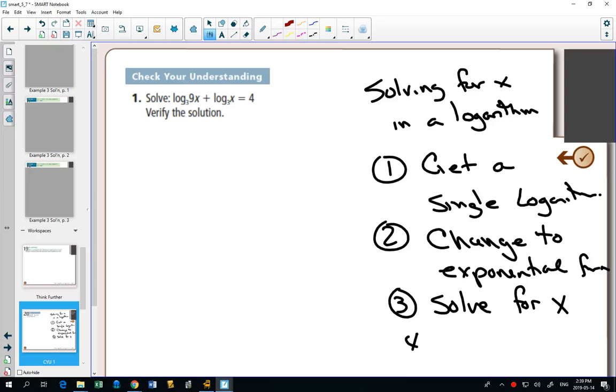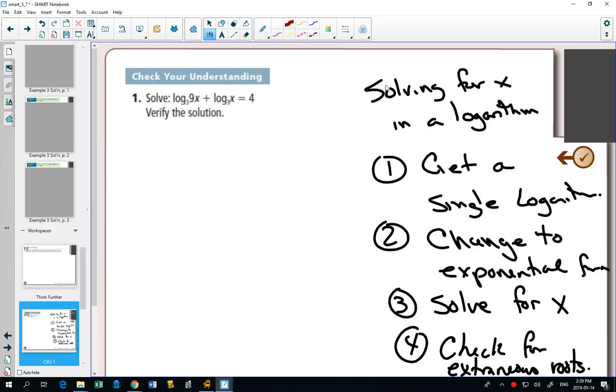And something that's new is sometimes when you do this process, you get answers that appear to be right, but that actually don't work. Those are called extraneous roots. An answer that appears to work, but when you actually check it, it doesn't work.